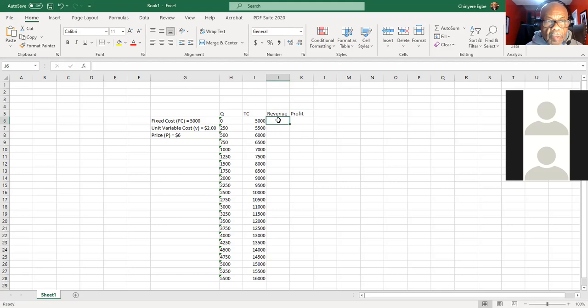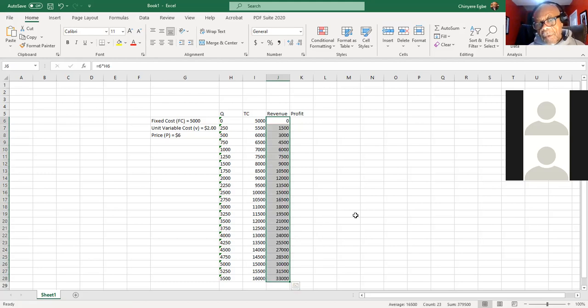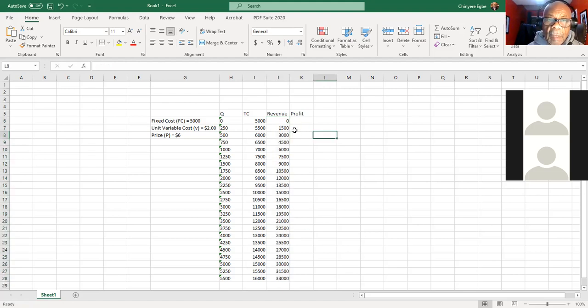So revenue is the price times the quantity, which is equal to 6 times the quantity of output. If you sell nothing, you get no revenues, and the more you sell, the more your revenues. So we're going to plot all of this.